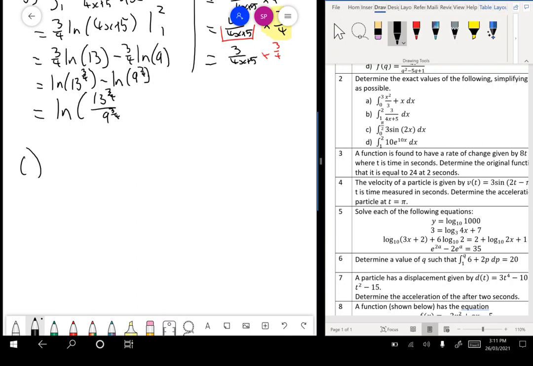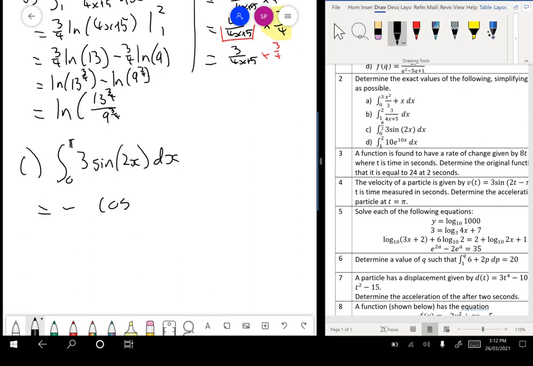From 0 to pi, the integral of 3 sine 2x dx. Okay, so if we just go back to our formulas, the integral of sine is negative cos. So on the next line, straight away, it's going to be a negative cos. Note, I am leaving some space out the front because there is going to be a coefficient.